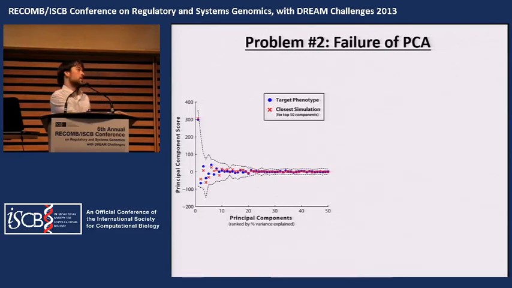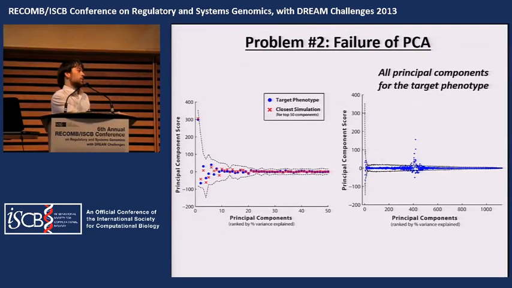So here is the target phenotype in blue, and X is the closest simulation that I submitted showing the top 50 principal components. So you can see that the phenotype, or this description of the phenotype in principal component space, isn't perfect, but it's all right.